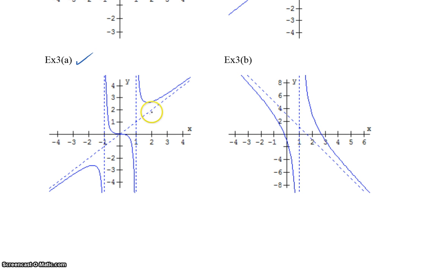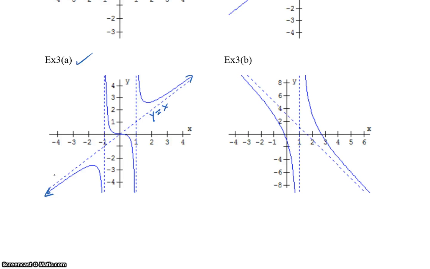And you can see the line y equals x acting as a slant asymptote. Notice that the graph, as x gets larger and larger in the positive direction or in the negative direction, gets closer and closer to that diagonal line. So the graph looks more and more like a straight line as you go out to the right or out to the left.